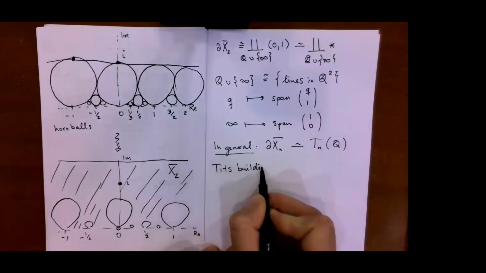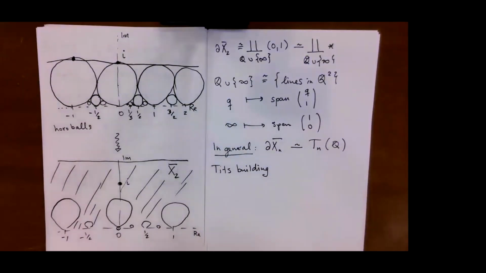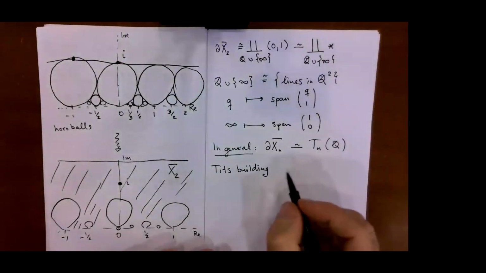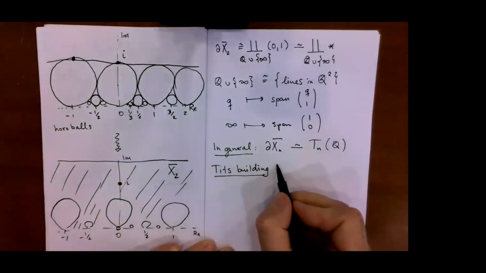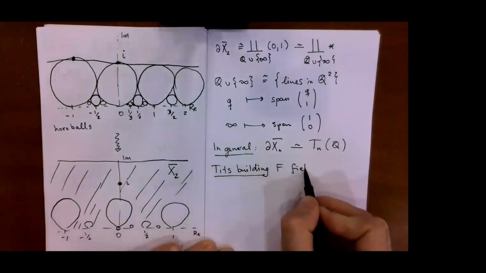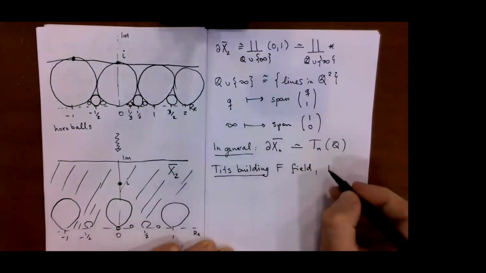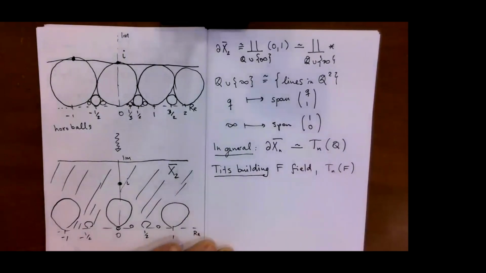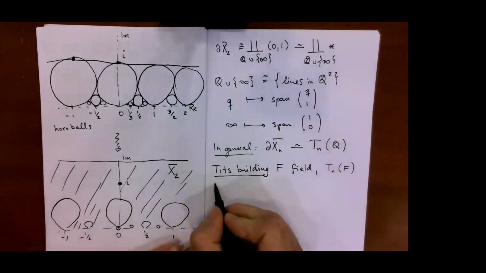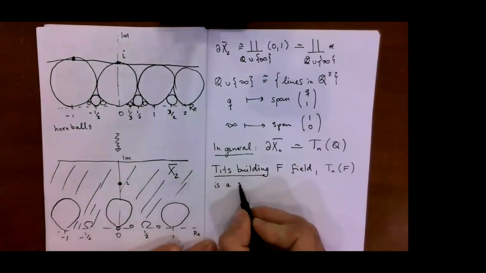And I should slow down for this as well, because this is important. If F is a field, then I can make the Tits building, and this is a simplicial complex.